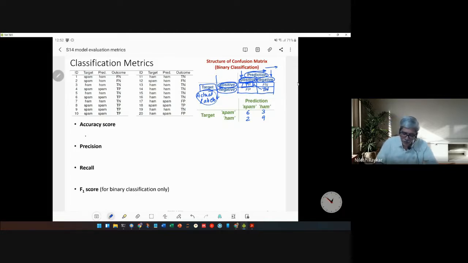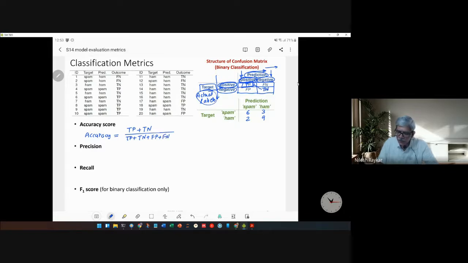This accuracy score is defined as follows: total number of true positives plus true negatives divided by all the number of samples, so TP plus TN plus FP plus FN.